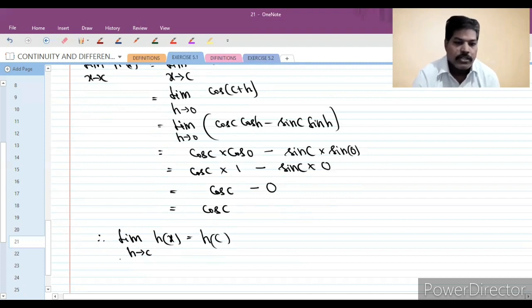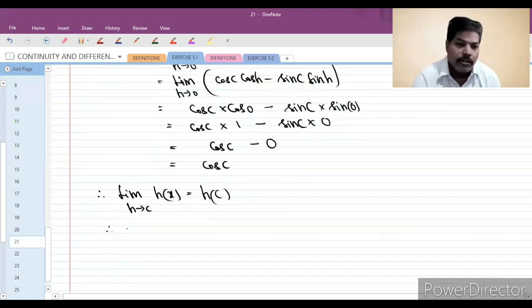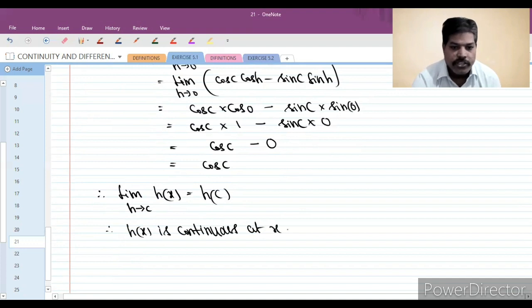So what we can conclude, students, therefore h of x is continuous at x is equal to c. Therefore h of x is a continuous function.